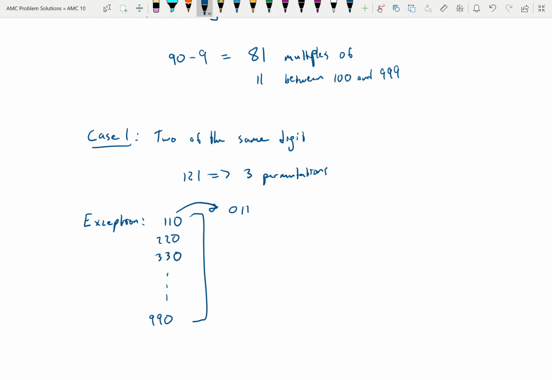So for all of these numbers, we're then not going to count these 9. So there are 9 of these permutations that won't count. Okay, so that's the exception there.